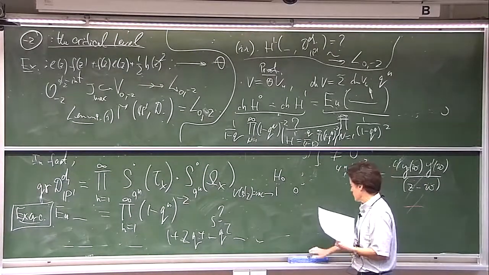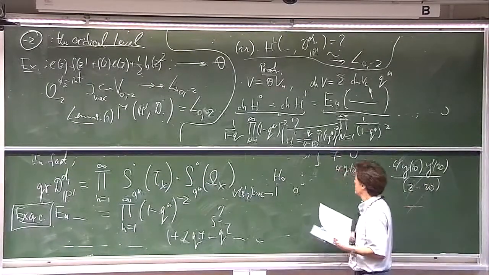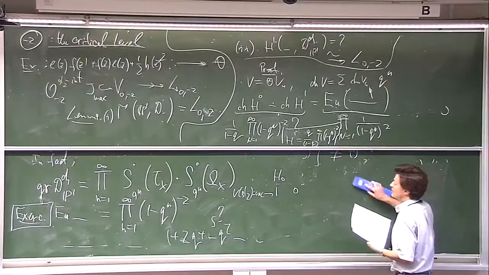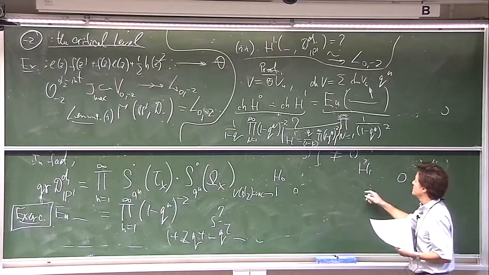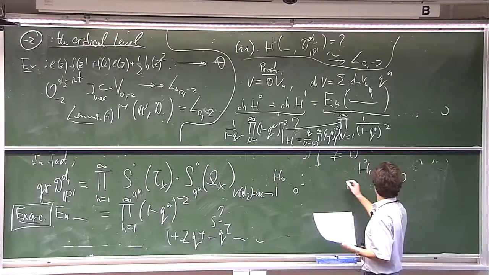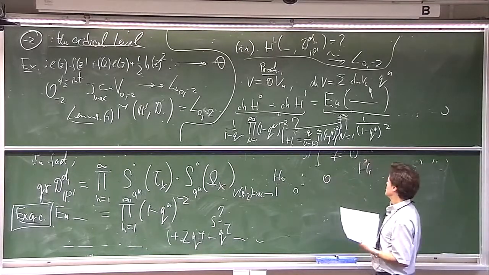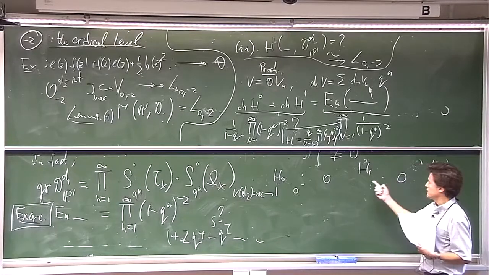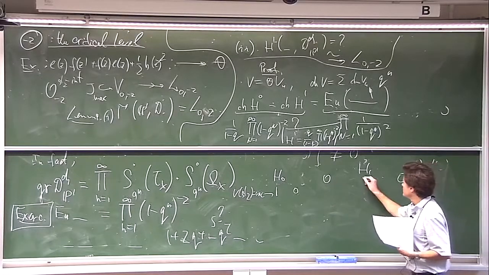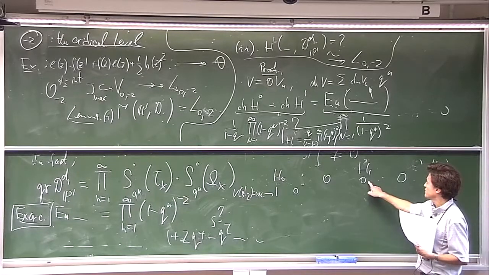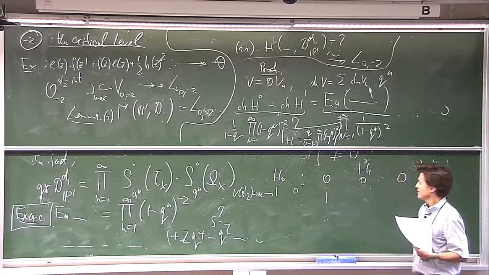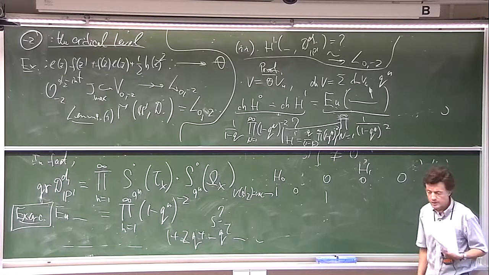How about H1? In conformal weight 0, well, conformal weight 0 comes from O. Of course, there is no contribution to H1 there. So the contribution for H1 comes from the conformal weight 1 component.